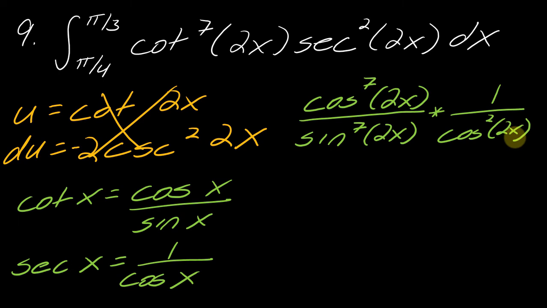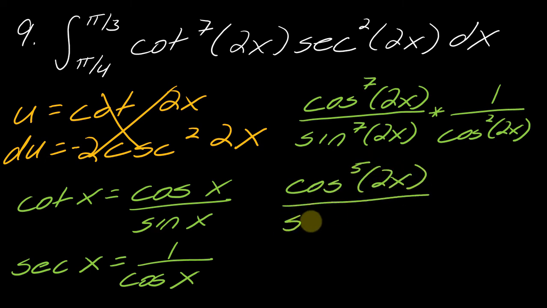Okay, so you can see I can make some cancellations here, right? If I make those cancellations, this becomes cosine to the 5th power of 2x over sine to the 7th of 2x. So now I can't do any substitutions with this, but I can rewrite this expression.